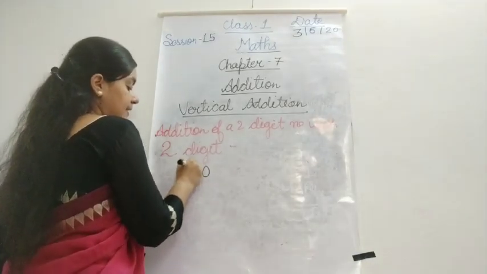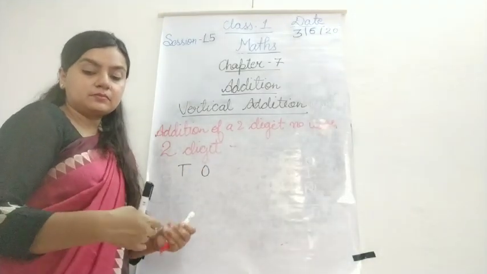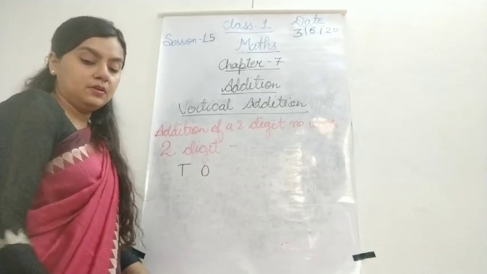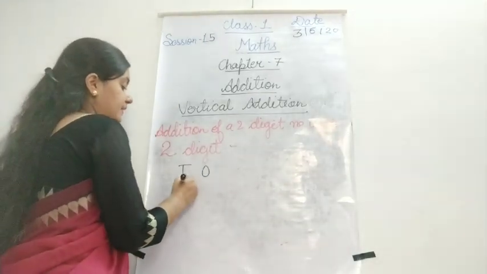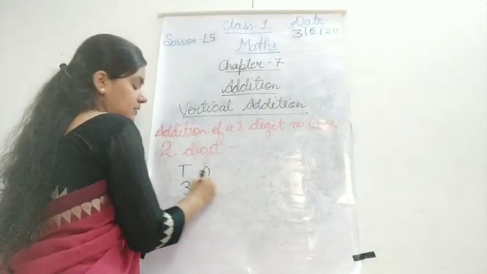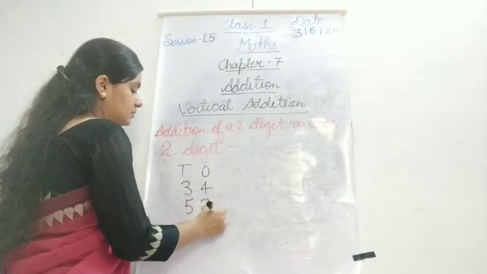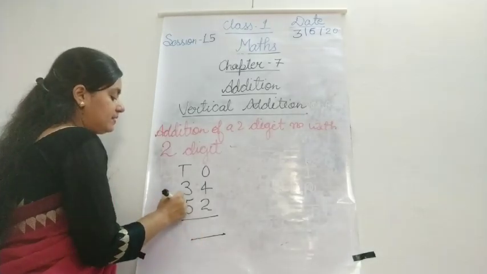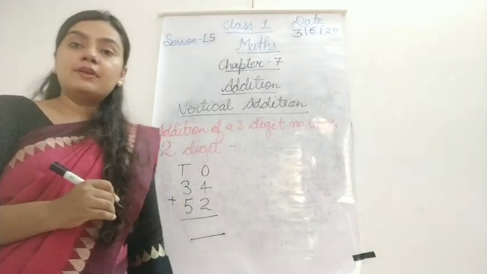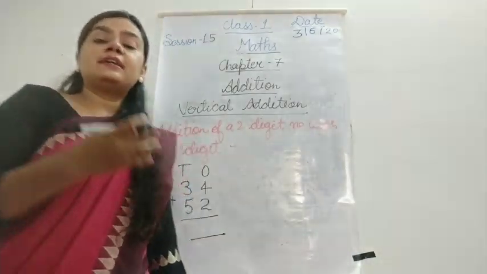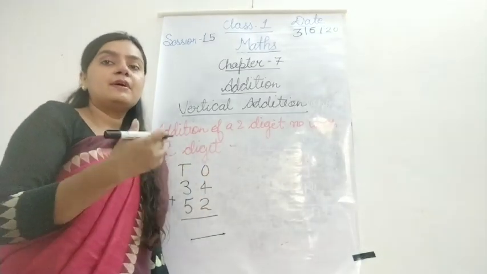Ones, tens. 34 and 52. As I already told you, always start addition from the back side, from the right side.